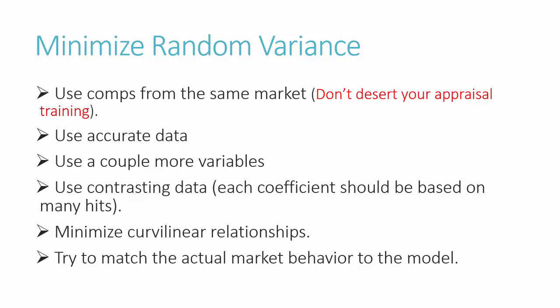All right, we want to use accurate data. That's important whether you're finding value or extracting line item adjustments, but we want to use accurate data. So you may want to take a little more time than usual to be sure your data is accurate. We might want to add a couple more variables. It's not necessary in regression, and we're going to see this later, to have every variable included.